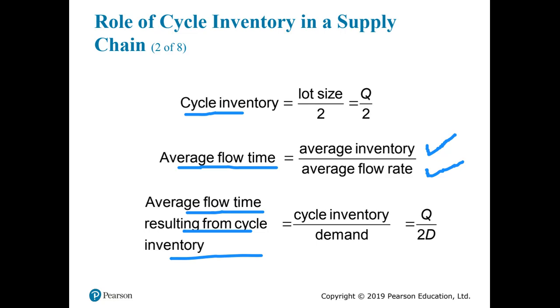So cycle inventory is Q by 2. You already established the cycle inventory as Q by 2, divided by demand D, and that gives you Q by 2D. This will give us the average flow time resulting from cycle inventory. Okay, now take this example.